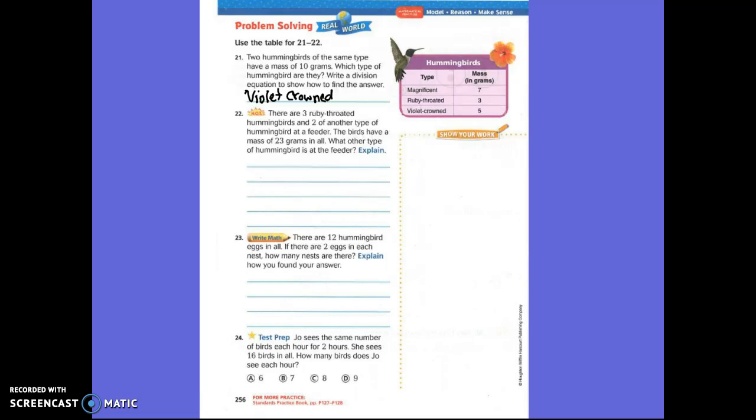What other type of hummingbird is at the feeder? Okay, the first step is to find what 3 ruby-throated hummingbirds would weigh.